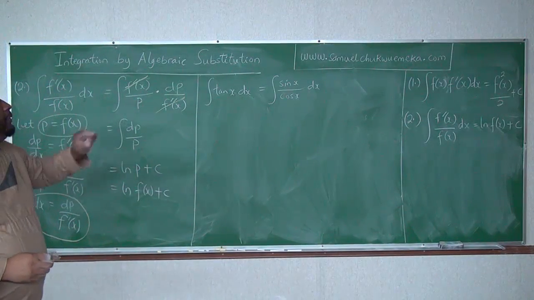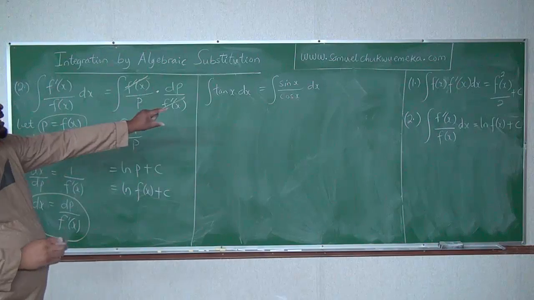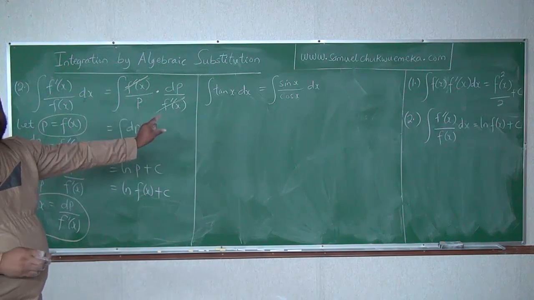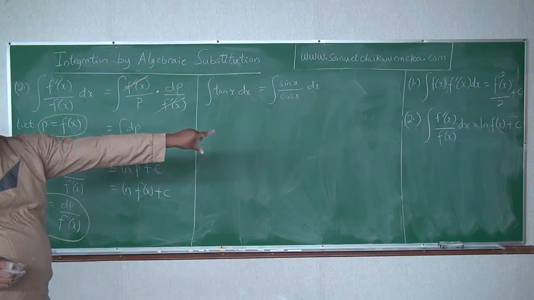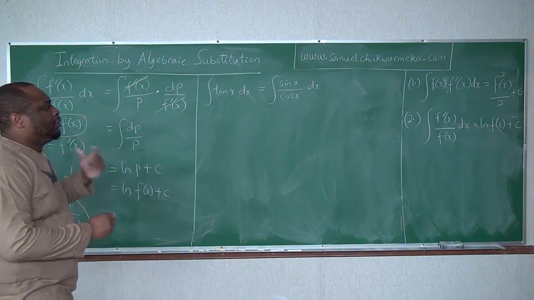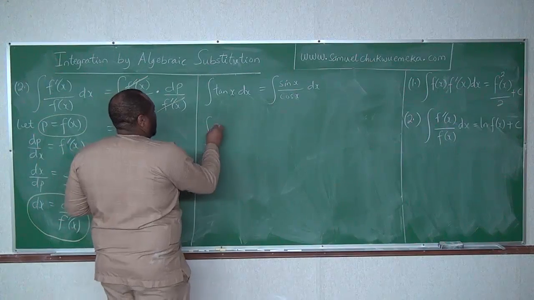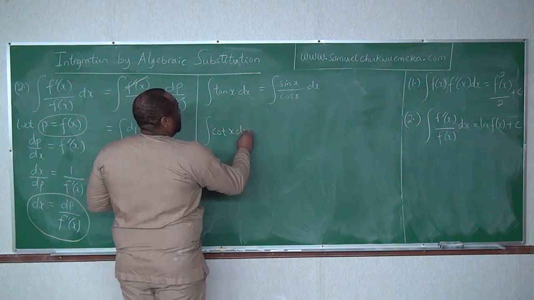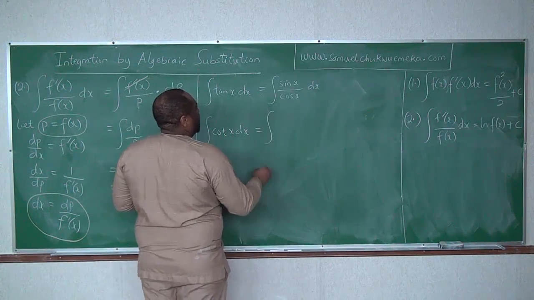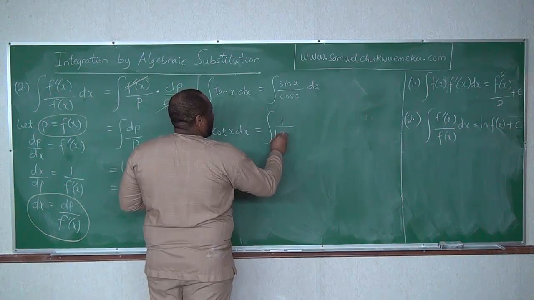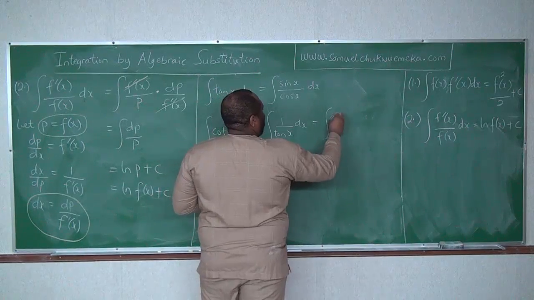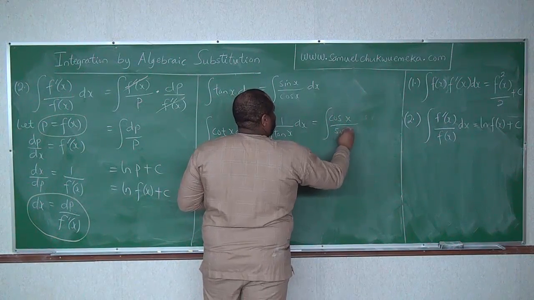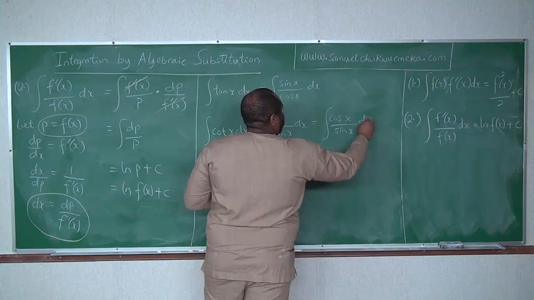We're going to come to tan x, but first let's do the one that looks exactly like this. So let's do cotan x dx. This is 1 over tan x dx, which is cos x over sine x dx.